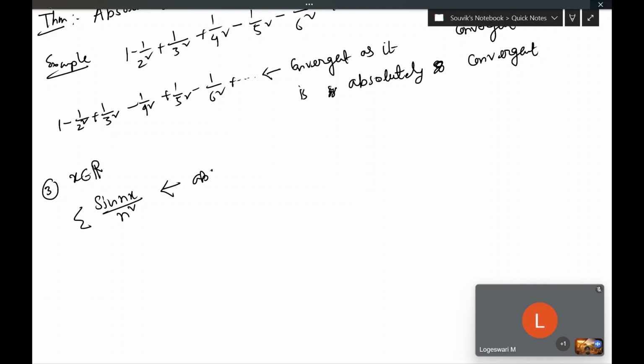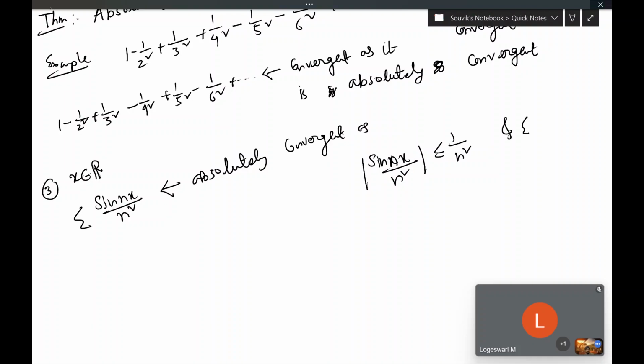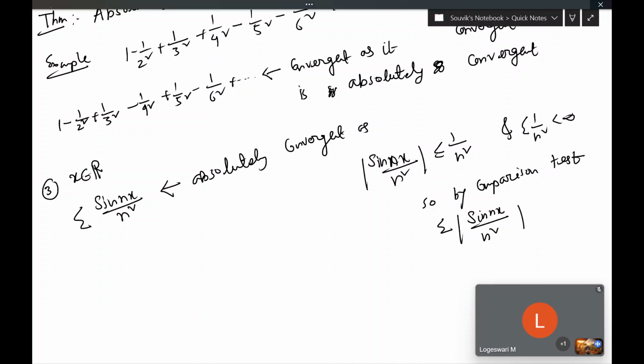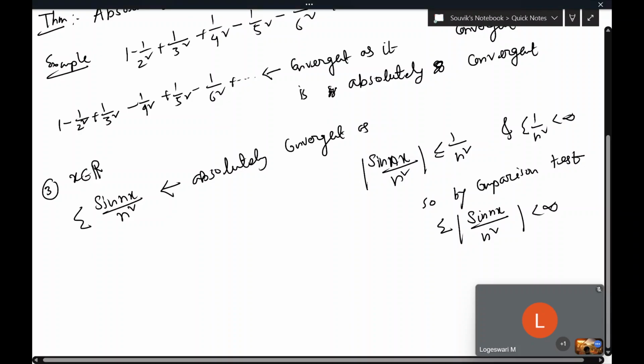Now this series is absolutely convergent since mod sin(nx) by n squared is less than or equal to 1 by n squared, and since summation 1 by n squared is convergent, by the comparison test summation mod sin(nx) by n squared converges. So these are the three examples.